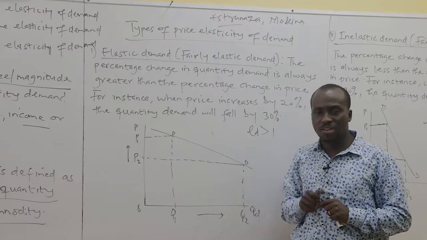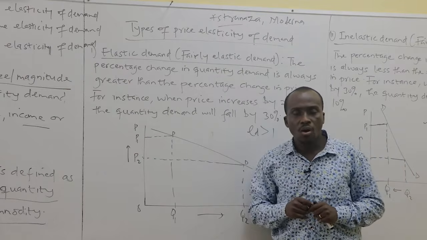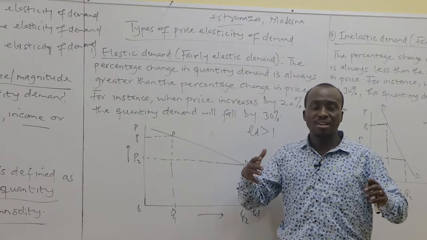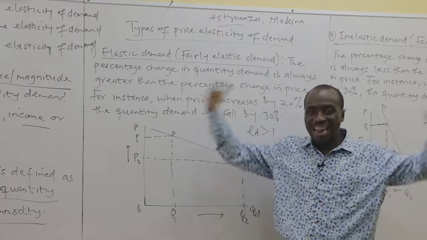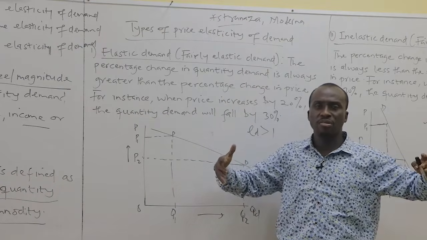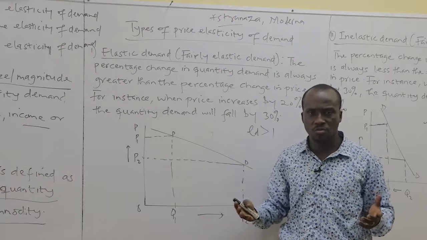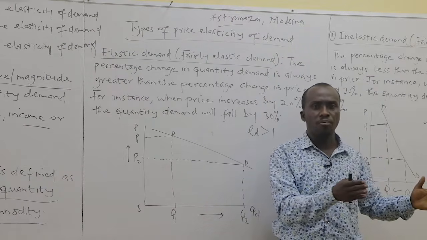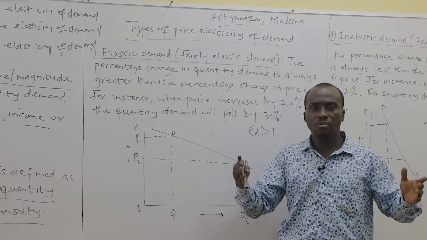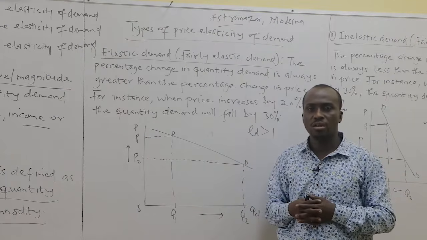If price increases by a small margin, demand will fall by a large margin. Maybe price increases by 5%, demand will fall by maybe 30% because the product has a substitute. A lot of people will shift from that product and go and buy a substitute, and that results in a large change in the quantity demanded, right?